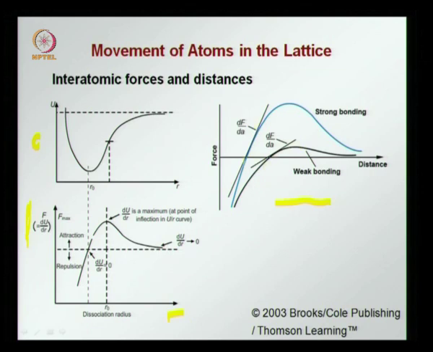So here you would have more resistance to separation initially, here there would be less resistance to separation, or in other words the modulus of elasticity for the case of strong bonding will be higher, you have a higher Young's modulus, and here for a weak bonding you have a lower Young's modulus, there is less resistance to movement. Beyond a certain stage you have a non-linear behavior, and then finally failure or complete separation of the bonds will occur.